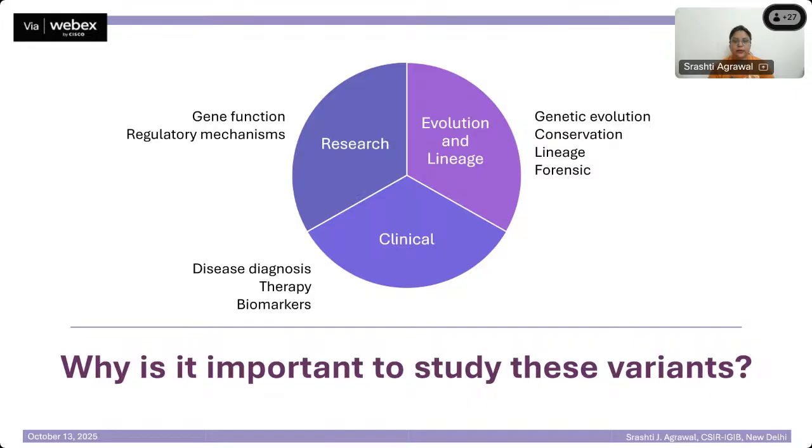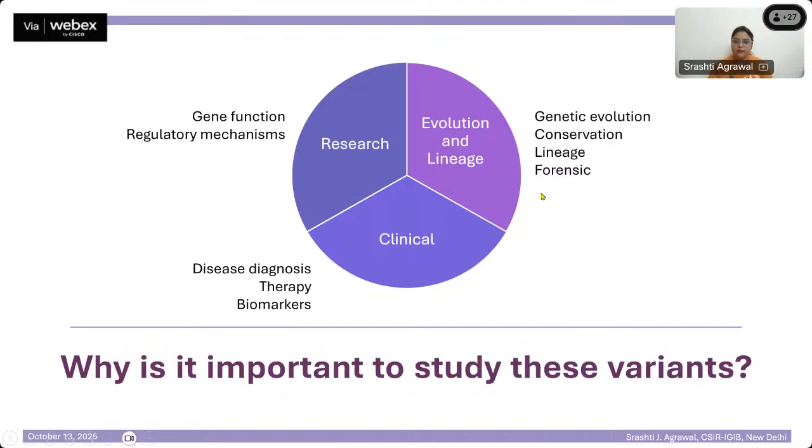For example, if we want to understand how cancer is triggered in a specific cell, we can create a specific mutation leading to introduction of a cancerous state. Or if we want to understand the function of the gene, we can create these mutations in a model system like mouse or rat, and we can understand the function of the gene depending upon the mutation that is there.